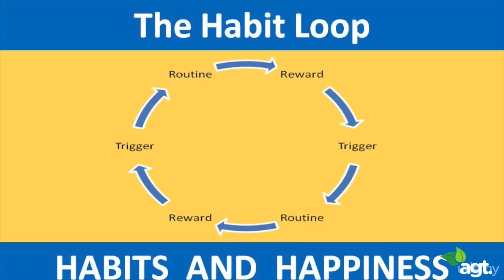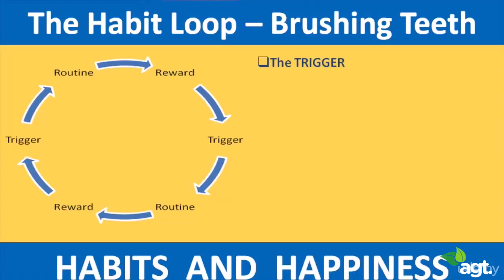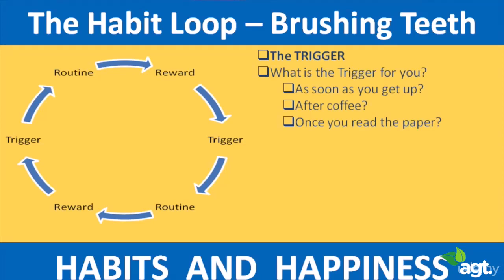So let's pick a habit that we all have, brushing our teeth, right? It starts with the trigger. Chances are, maybe it's first thing in the morning, as soon as you get up, you go brush your teeth. Maybe it's after you have a coffee. Maybe it's before you go to work, after you watch TV, after you read the paper, whatever it is, but there is a certain time, think about it, that you brush your teeth.